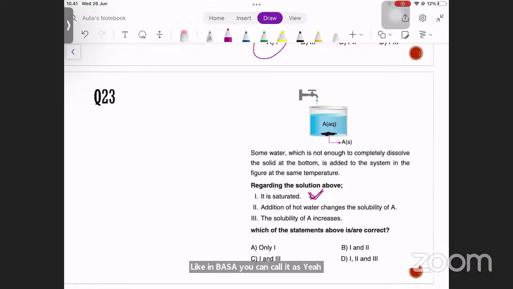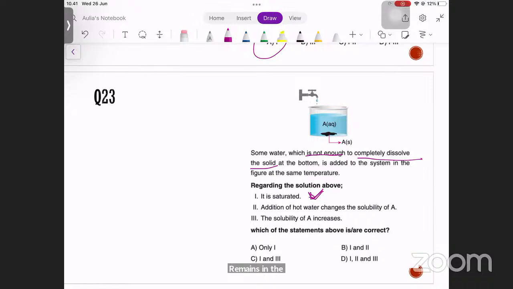So statement one is correct. Why? Because the water is not enough to completely dissolve the solid, which means there is still some solid remaining in the container, isn't it? So statement number one is correct.